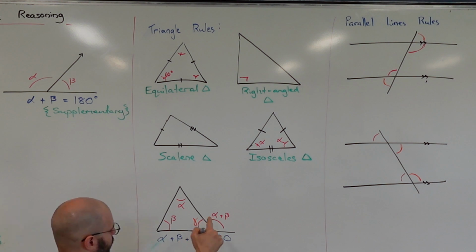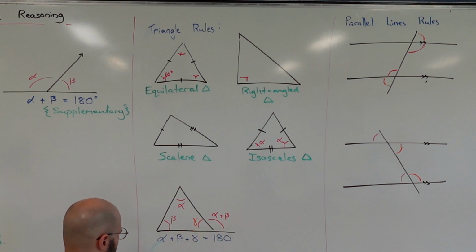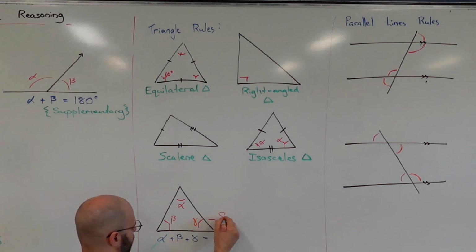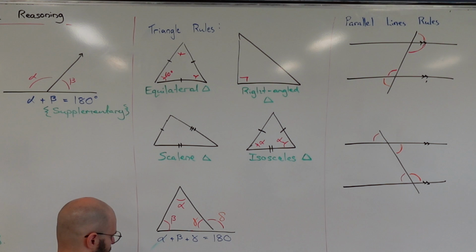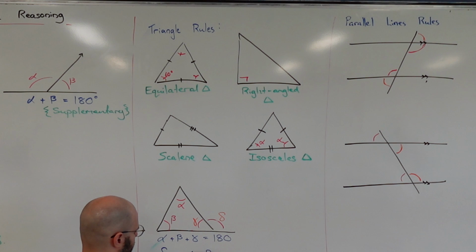And if we go for the external angle over here, I'll give it a name. This is alpha, this can be delta. Delta is equal to alpha plus beta.